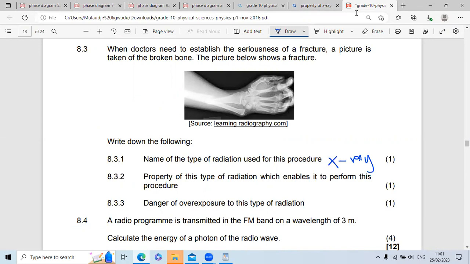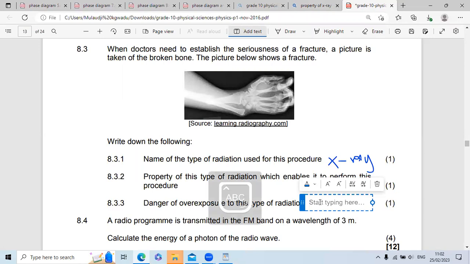As they say, the danger of overexposure to this type of radiation. Usually when they ask you about the danger of overexposure, it's gonna have to be something to do with cancer, because even though all these radiations might be helpful, they're still harmful to the human body if you expose yourself for a longer period of time.